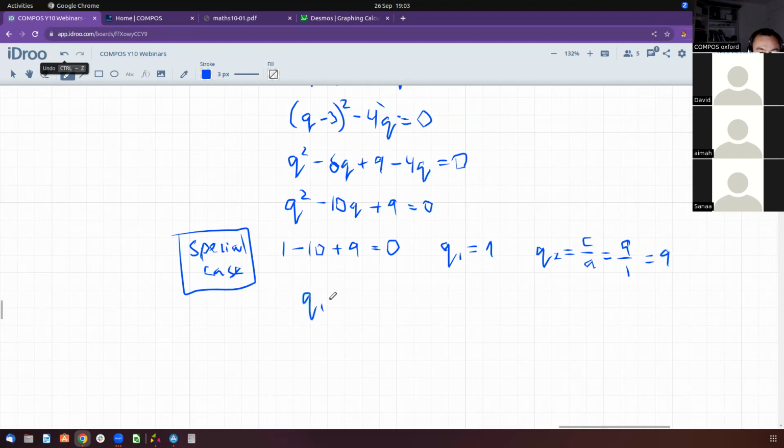So q1 is equal to 1, q2 is equal to 9. Now, we found the solution.